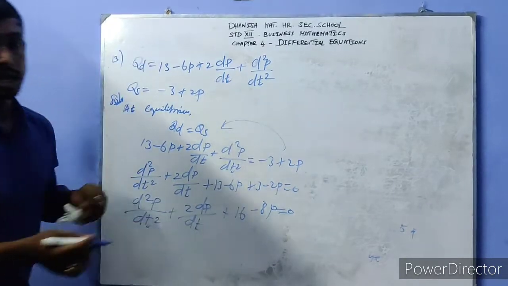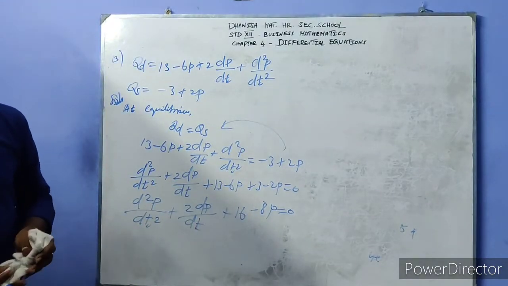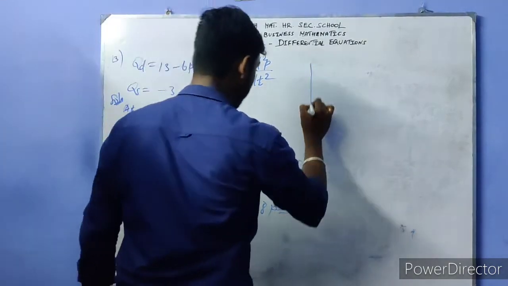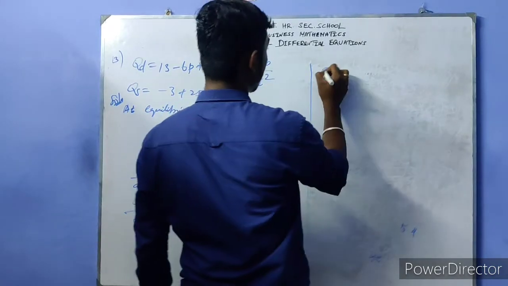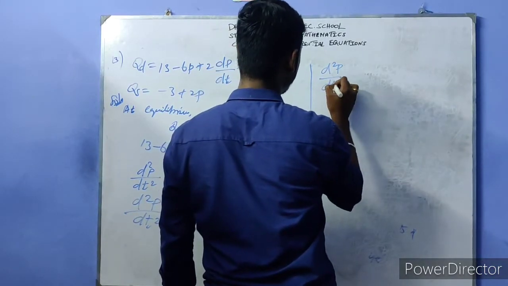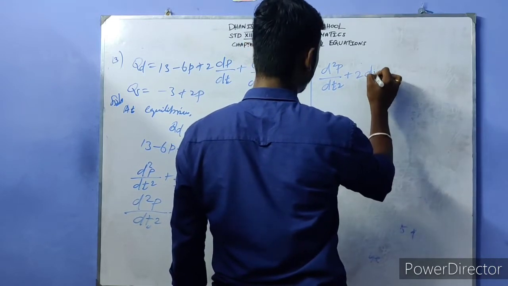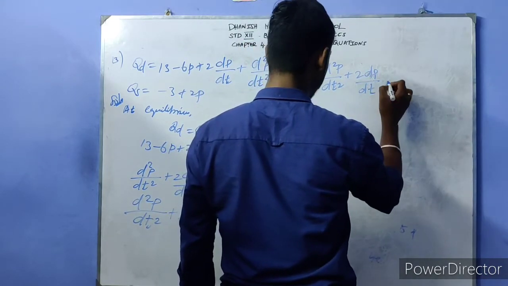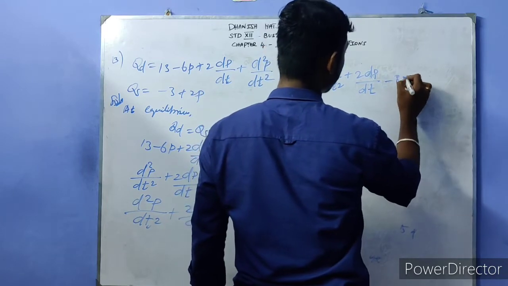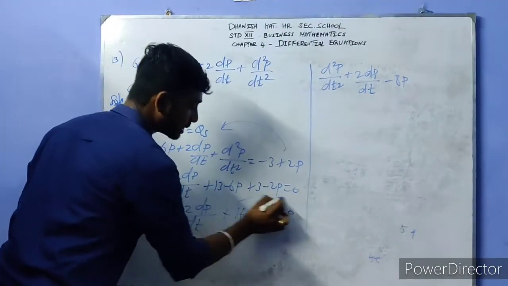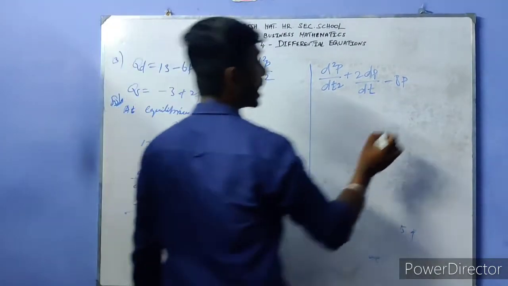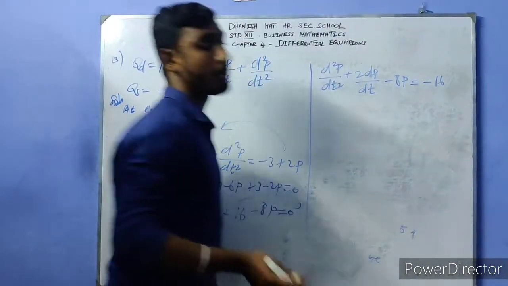So now we write it like this: d square p divided by dt square plus 2 dp divided by dt minus 8p. This plus 16 goes to that side and changes into minus 16. It will be written as minus 16.